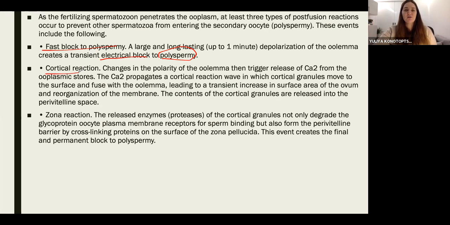The next thing is the cortical reaction. You can change the polarity of the oolemma, the plasma membrane of the oocyte, which has something to do with calcium. And then the zonal reaction. You're going to see that the rest of the zona pellucida will not be digested.